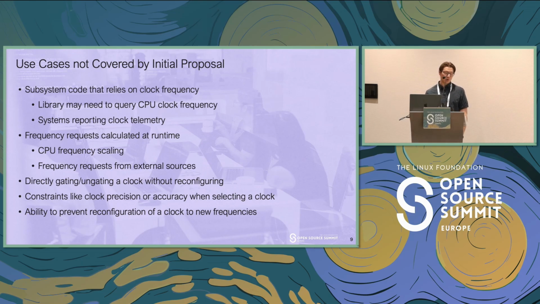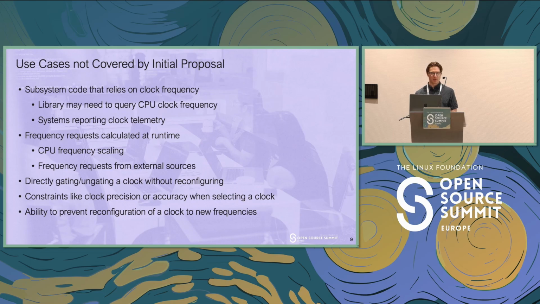In the initial framework, you could make a request for an arbitrary frequency, but you could only do it by encoding it statically on these clock output nodes, which doesn't work for runtime requests coming from frequency scaling or some external source that needs to tell your system, I need this clock at this frequency. Additionally, we didn't have feature parity with the clock control framework to gate and ungate a clock.